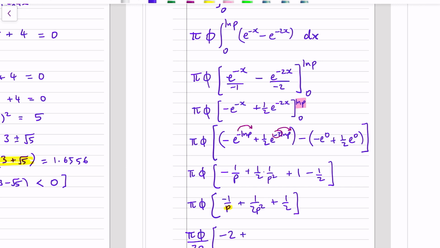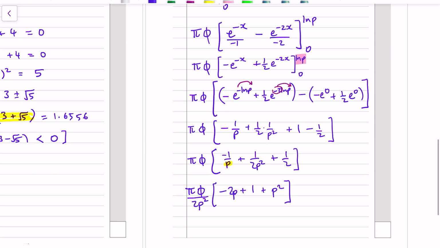This one here is just going to be... Actually, do I want to pull out... I'm going to pull out a p squared, actually. And then that's going to be p. This one's going to be 1. And this one's going to be p squared. Okay, and the reason I've done that is because now I can factor this.